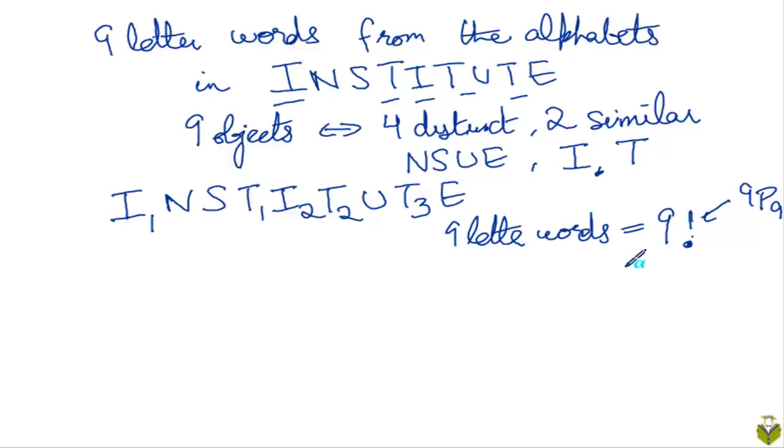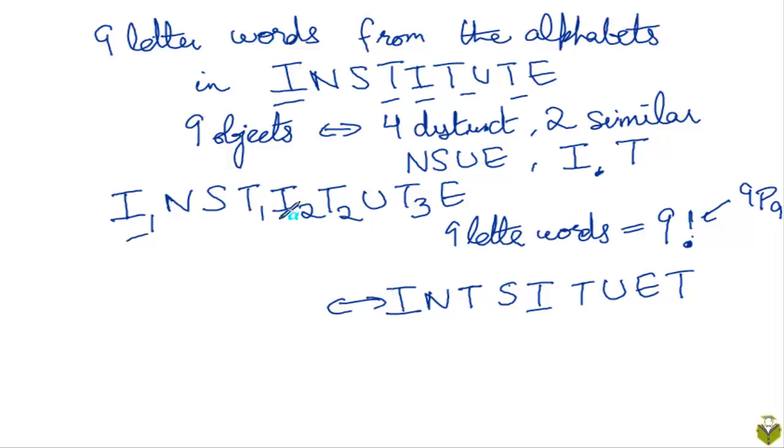answer for that. So we'll have to see, for example, if I have one particular arrangement which is I N T S I T U E T. This is one particular arrangement, right? Which is fine, but how many such arrangements will be possible if I had I's as different objects and T's as different objects?